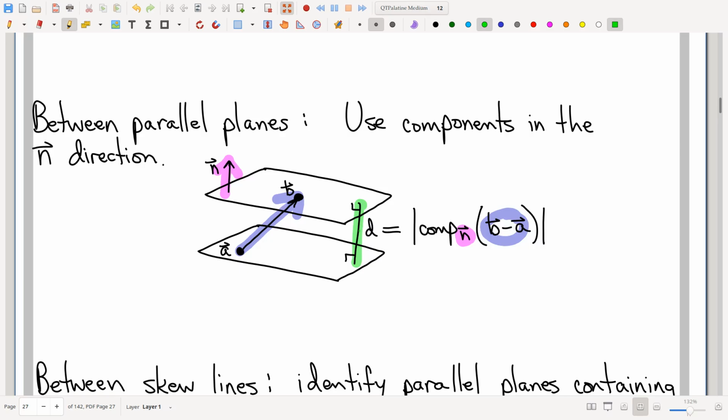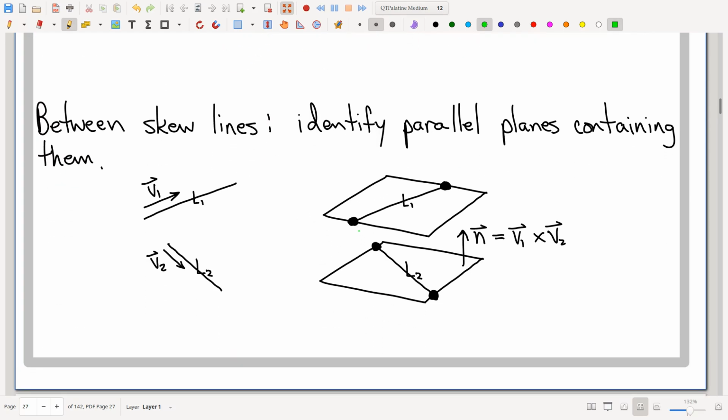Okay, so that's a clever move. This is a really clever one. I did not think of this one either. The big idea here is if you have skew lines, not parallel, not intersecting, just entirely unrelated, no happy coincidences, just no relationship at all.